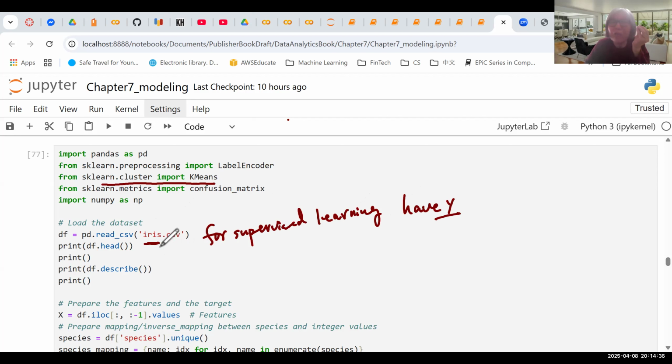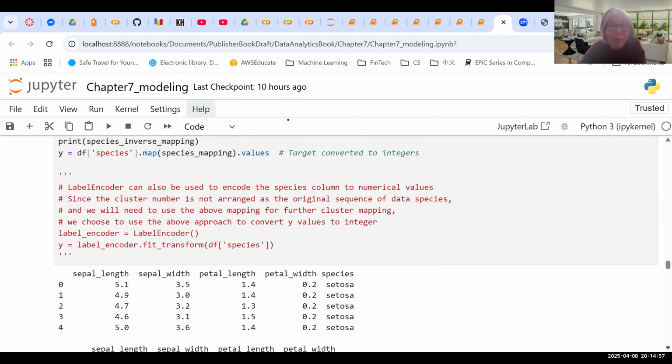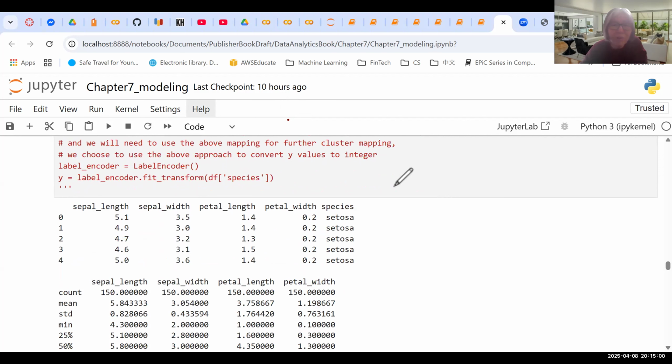So I just use the features, the lengths and widths of sepal and petal, and try to do clustering to see how it works. So let's first take a look at what the data looks like. The first four columns are the X, and the last column is Y. And here, because we do clustering, we don't even need this.